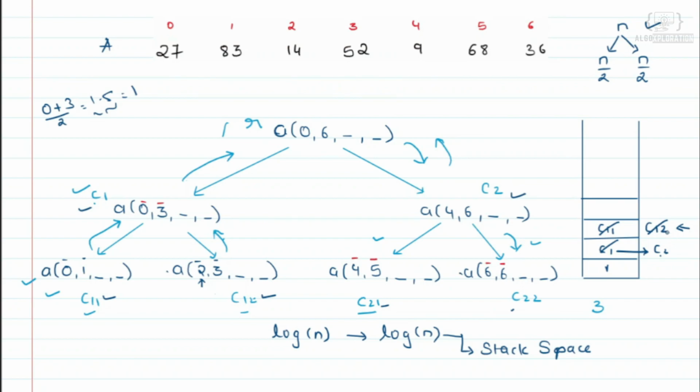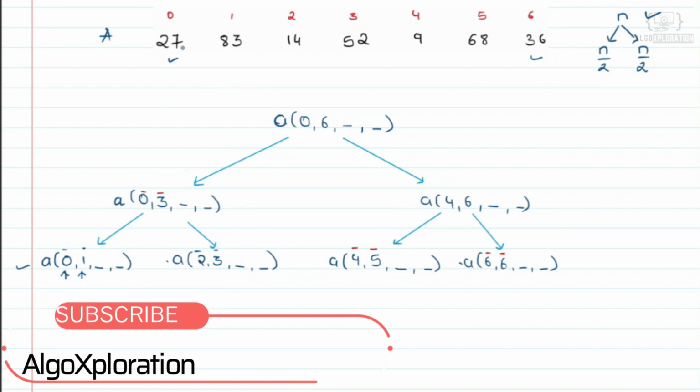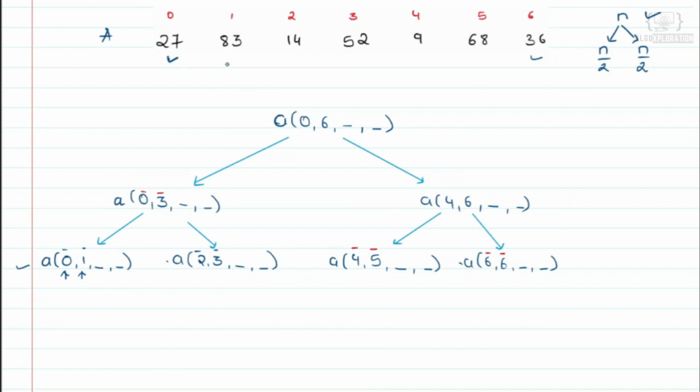Now let's solve the problem. Now the whole array will get divided by 2 until it reaches the small problem. Now at this level all the functions have a small problem. So this is index 0 and index 1. Now the number of elements is 2, that is a of 0 and a of 1.